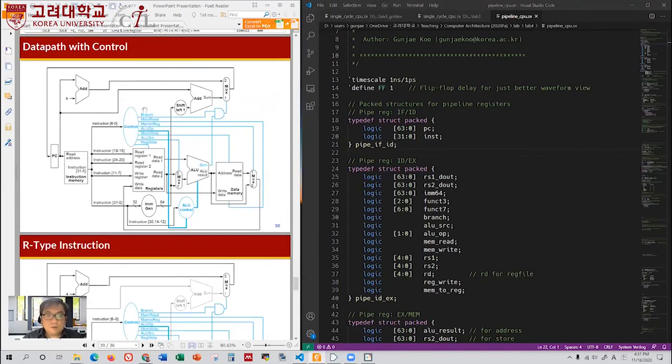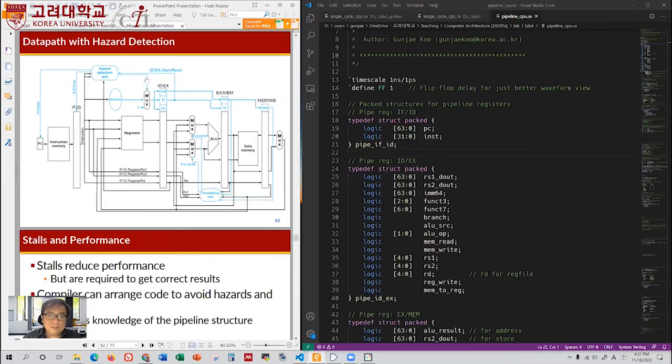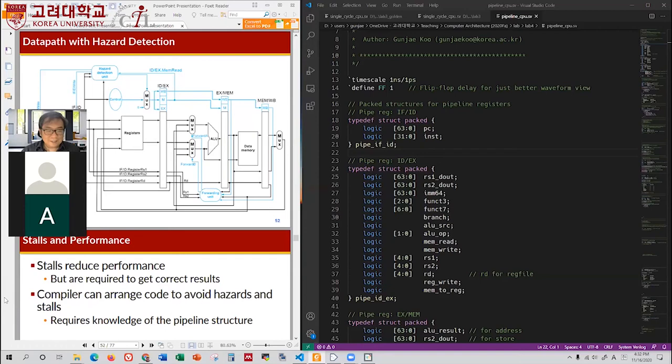As you can see, we can implement the pipeline registers, the flow of the control signals, the hazard detection unit and its control signals, and the forwarding unit. And that's it. It's simple.